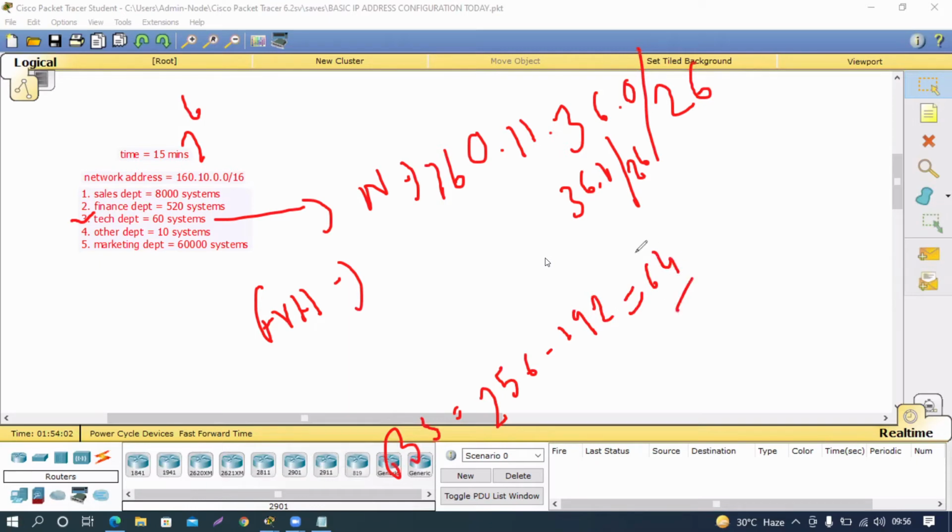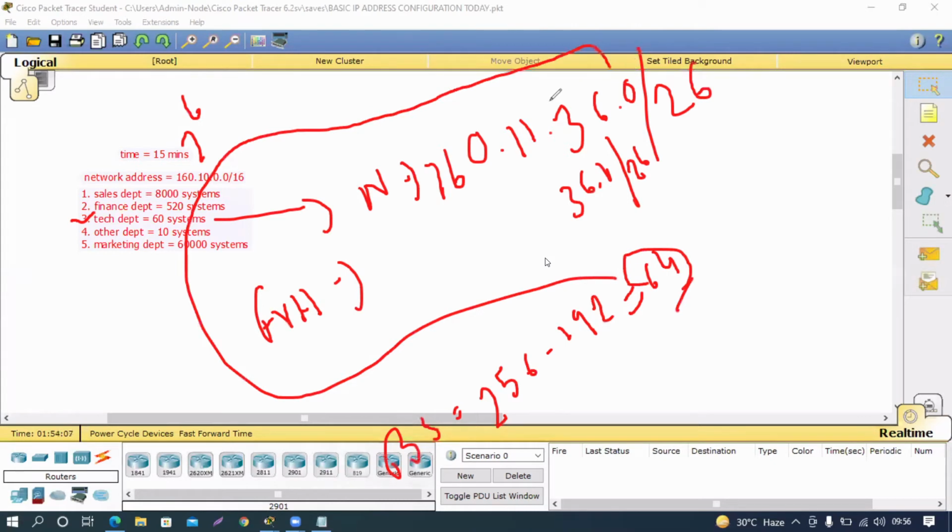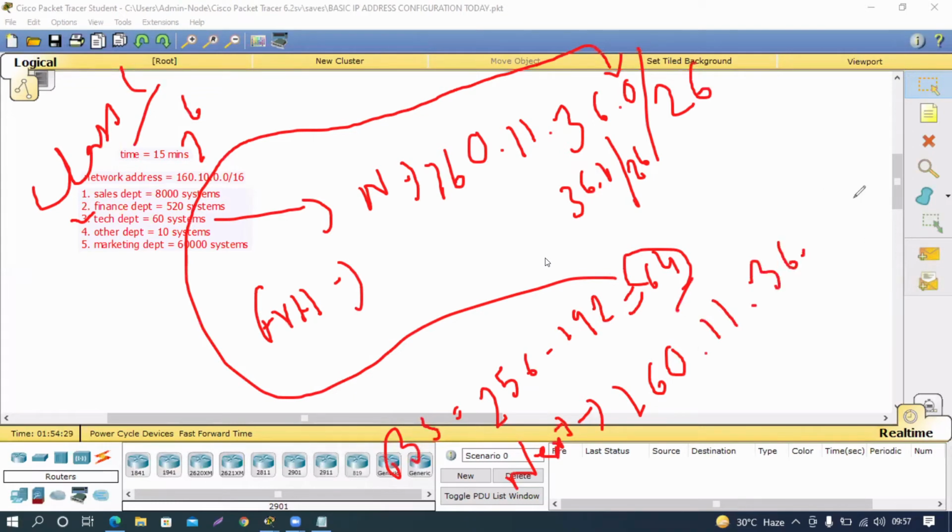And this 64 we have to add to the 4th octet, because it's class C. So the next subnet address comes in as 160.11.36.64, right? Then your broadcast address will become 160.11.36.63.